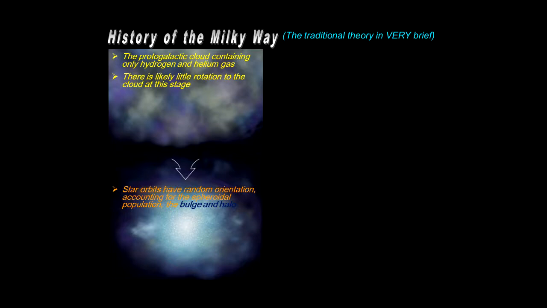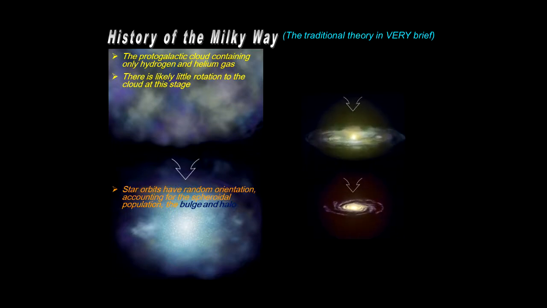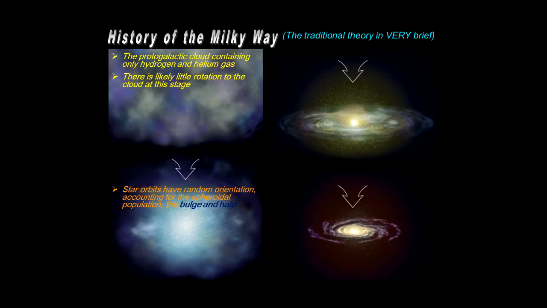So that produces the halo and bulge population of stars. Well, why did they seem so different than the disk stars? Well, that early formation doesn't use up all the gas. A lot of the gas is able to pass through those stars, and the physics will ensure that it will flatten out into a spinning disk as it passes through.